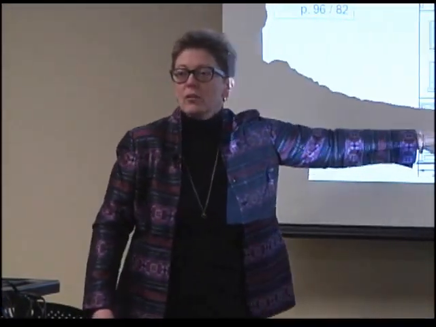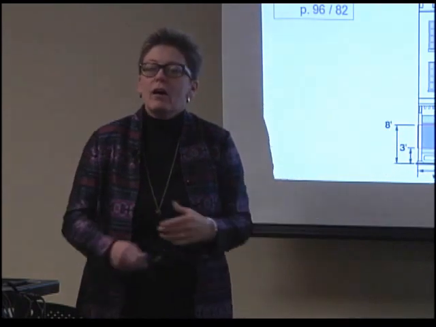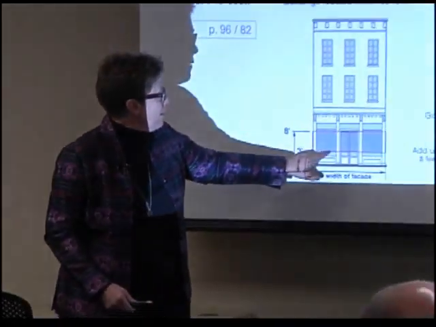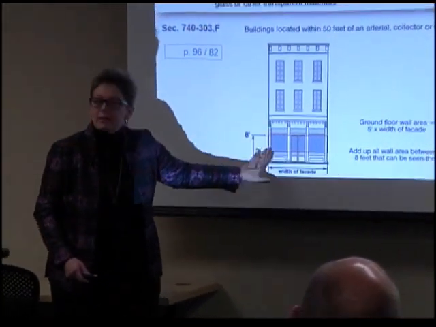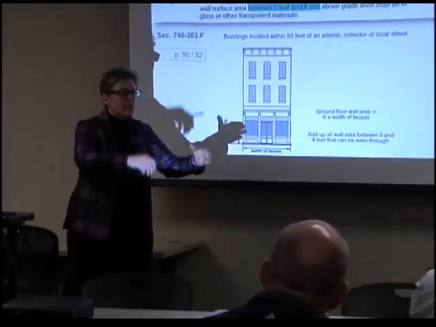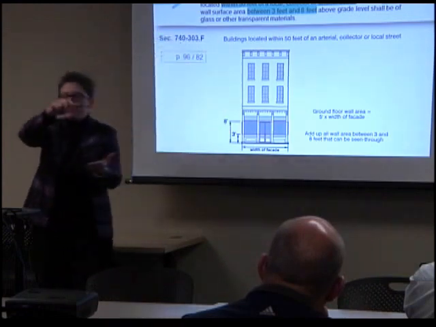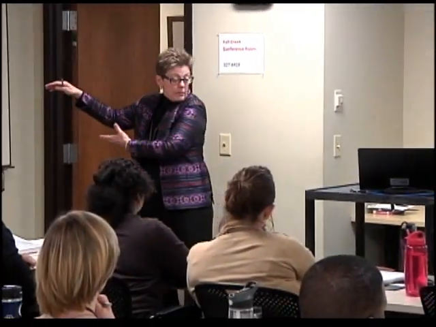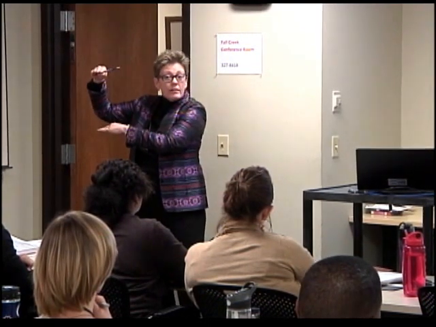Now, does it have to be solid going across there? No. They just have to get the 40%. So there could be spaces. It can be a strip going all the way across that's narrow, less than 5 feet.